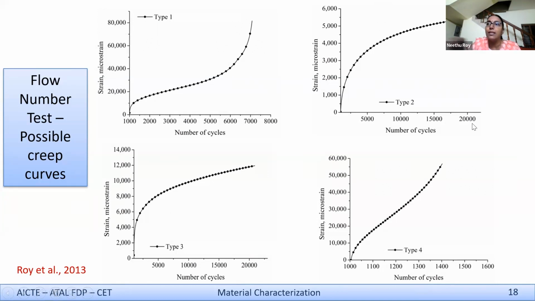It was still in the primary stage. Okay, and the third one was in the primary and a secondary stage. Though these look identical, it's actually primary plus a secondary stage that has been reached. Whereas in the fourth type, which is very funny, it has directly gone from the primary stage to a secondary stage, especially when we were testing in the unconfined condition at very high temperatures. So the material was not able to actually respond or behave like what we expected it to show; it just failed, or it just flowed.